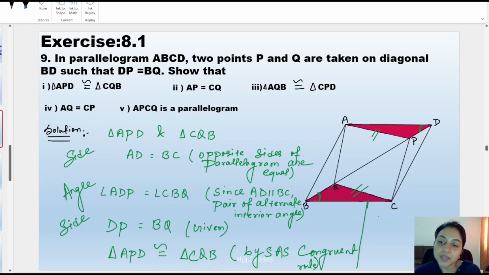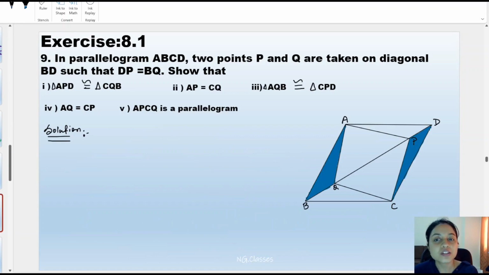So from here we can do part 2 also, that is AP must be equal to CQ by CPCT. Now let's see the next part. So the next part says show that triangle AQB is congruent with triangle CPD.